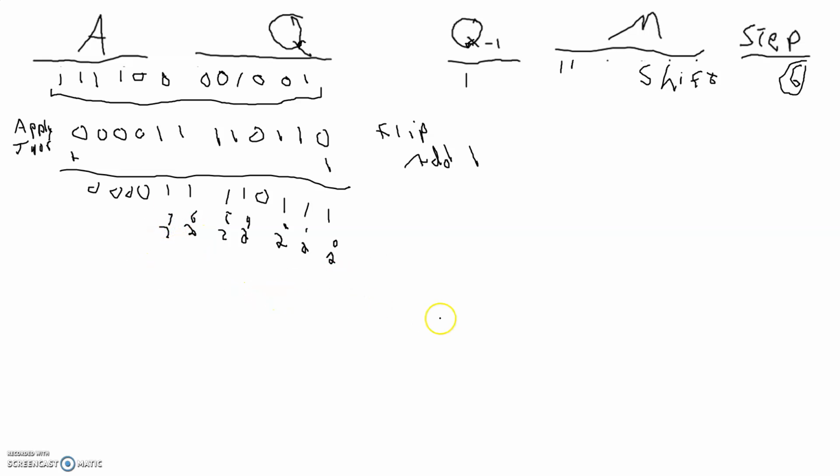And so adding just where we have those 1s, the 2 to the 7 is 128. The 2 to the 6 is 64. The 2 to the 5 is 32. The 2 to the 4 is 16. The 2 squared is 4. 2 to the 1 is 2. 2 to the 0 is 1.